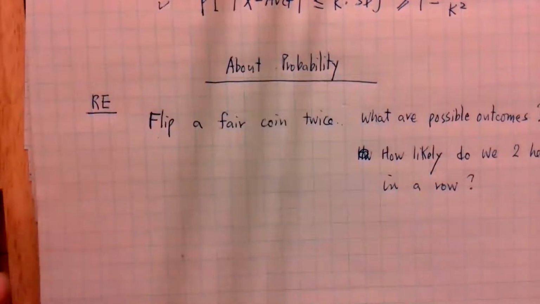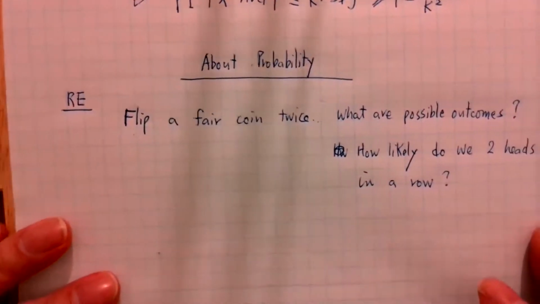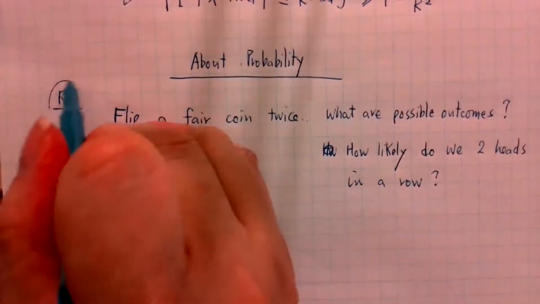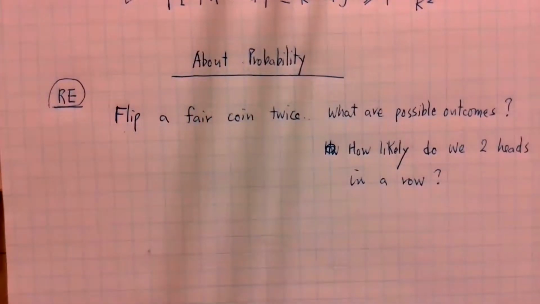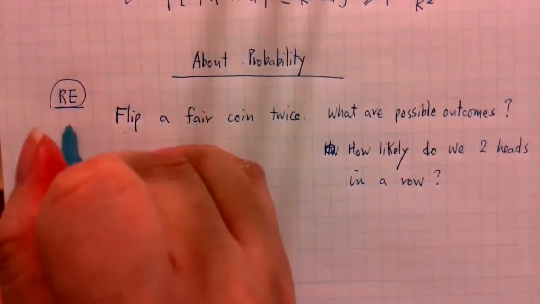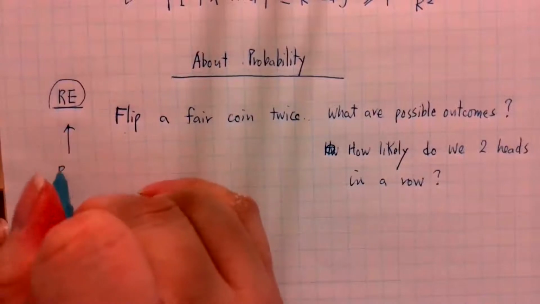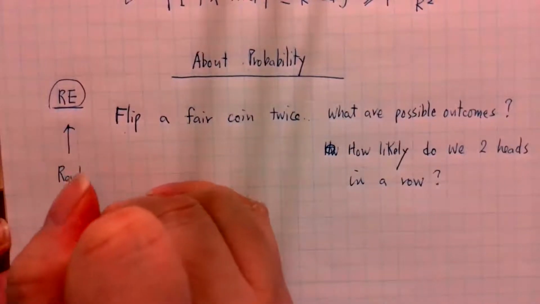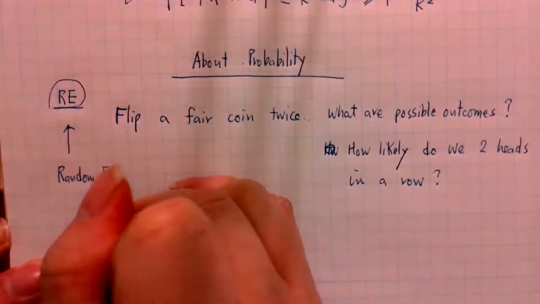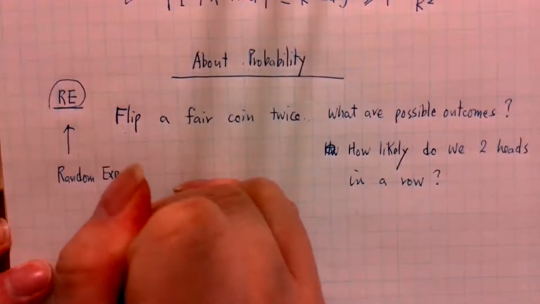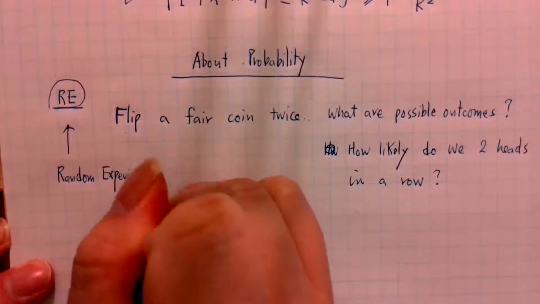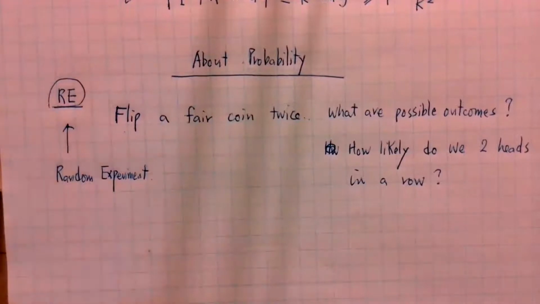Okay, let's begin with the RE. What is RE? RE is an abbreviation of random experiment. A random experiment is an experiment whose outcome we don't know before we actually perform it, okay?